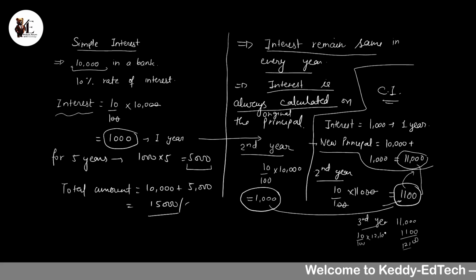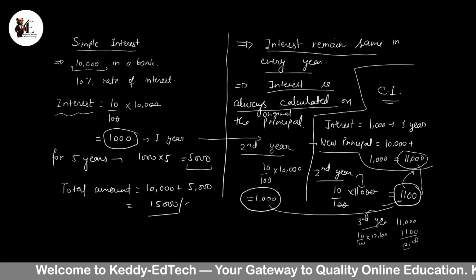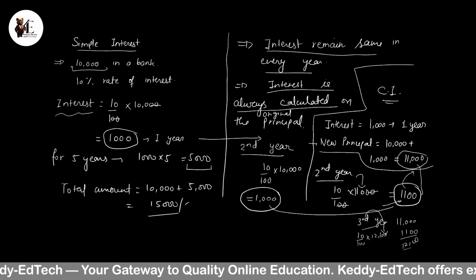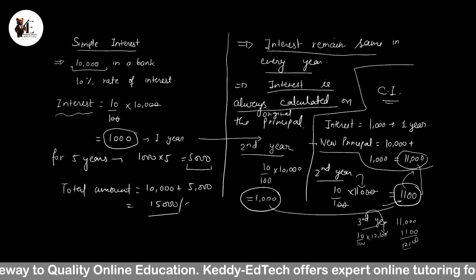So you can see for the first year, we calculated the interest on 10,000. For the second year, we calculated the interest on 11,000. For the third year, we calculated the interest on 12,100. So the principal keeps changing every year. That's why the interest also keeps changing every year.